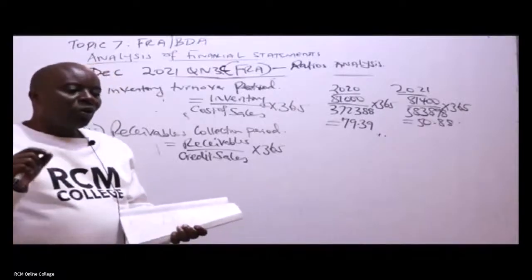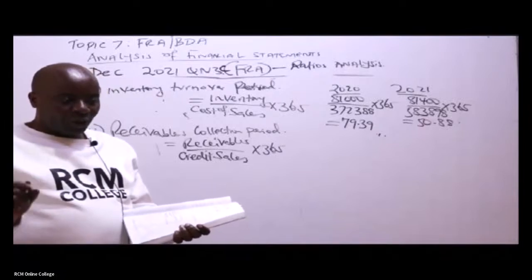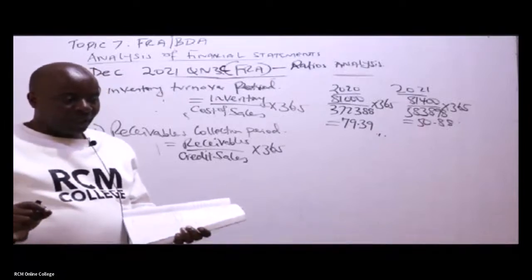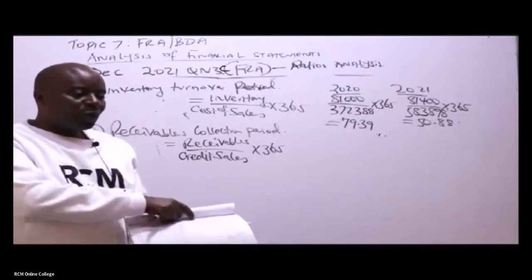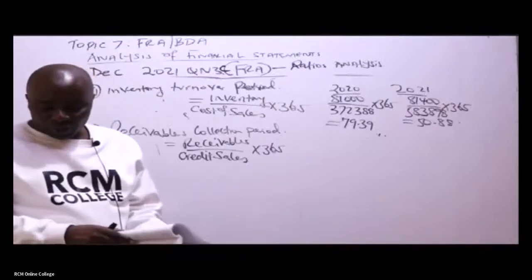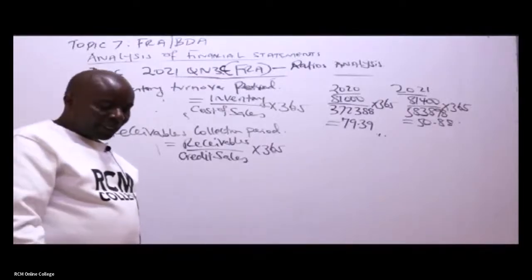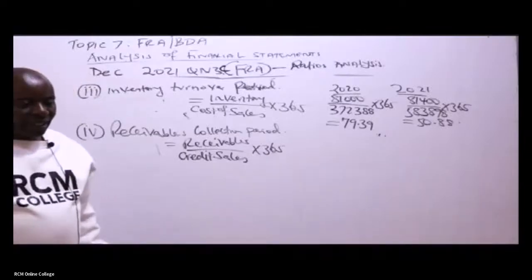Yes, inventory, go for the closing one. So receivables 2020, they don't have the question. I don't know whether I should proceed or give them some time. We cannot proceed really.